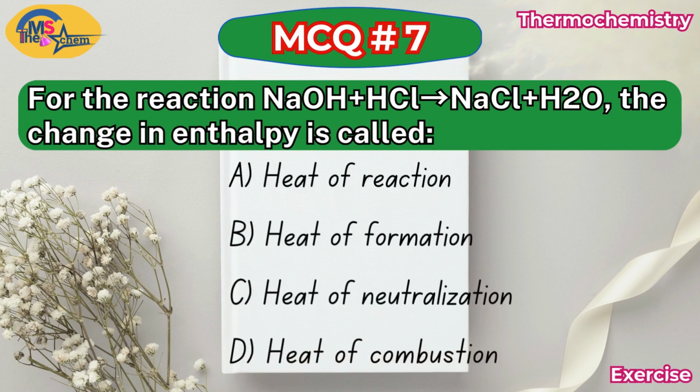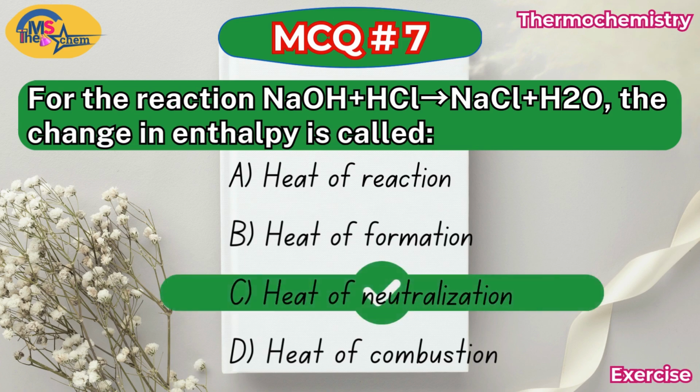Option A is heat of reaction, option B is heat of formation, option C is heat of neutralization, and option D is heat of combustion. As we discussed that this reaction is about the neutralization process, so option C, heat of neutralization, is the proper answer to this question.